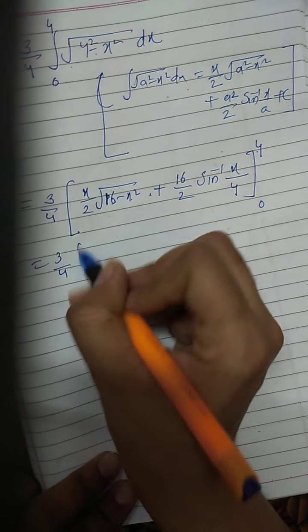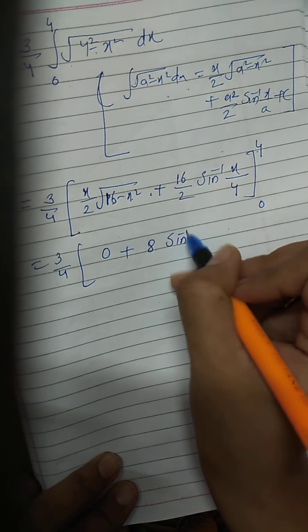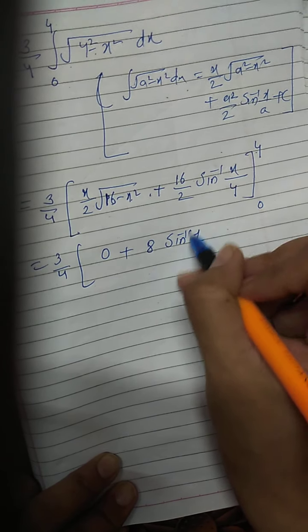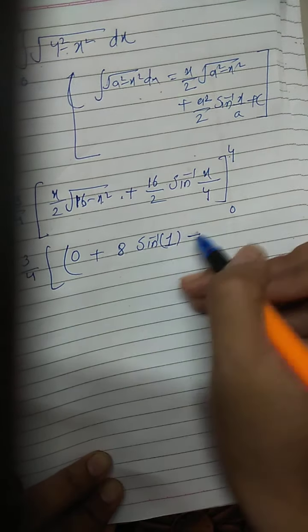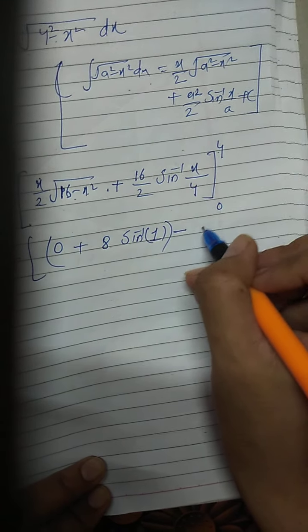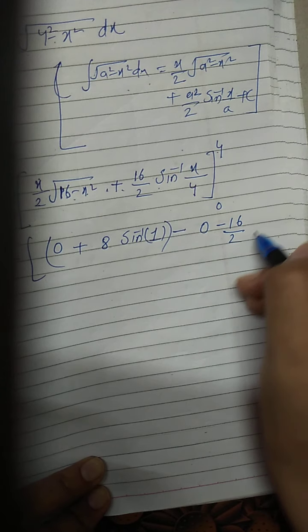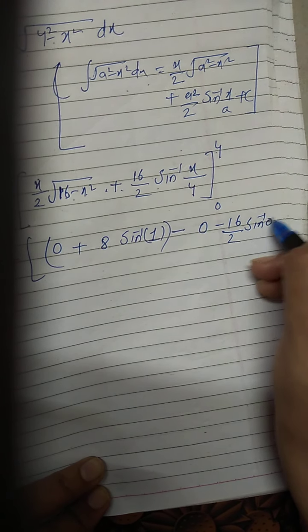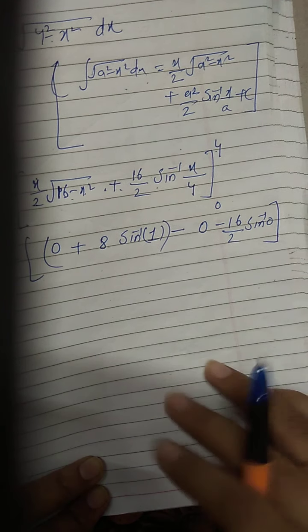So this 3 by 4 is outside, it will become 0 plus 8 sine inverse 4 by 4, which is 1. Then minus lower limit: when we apply, 0 upon something becomes again 0, and here minus 16 by 2 sine inverse 0, and sine inverse 0 is again 0 only.